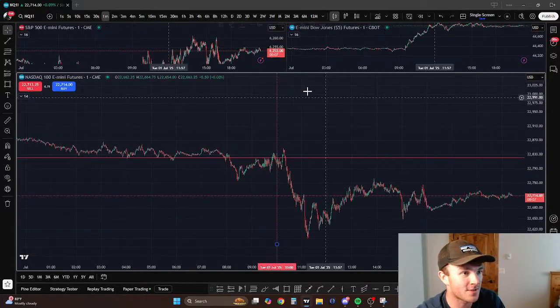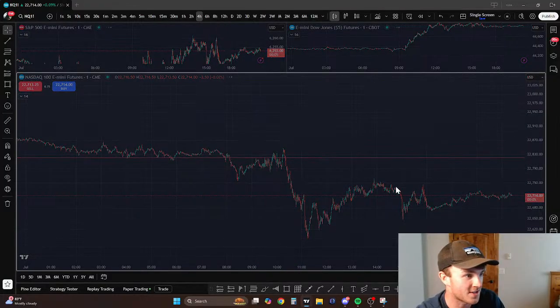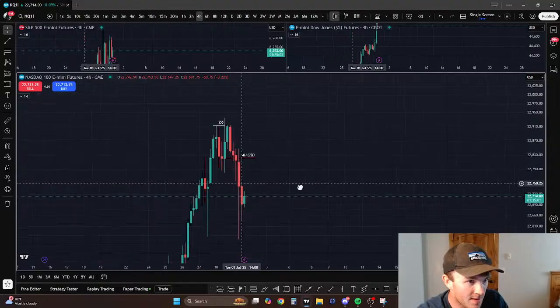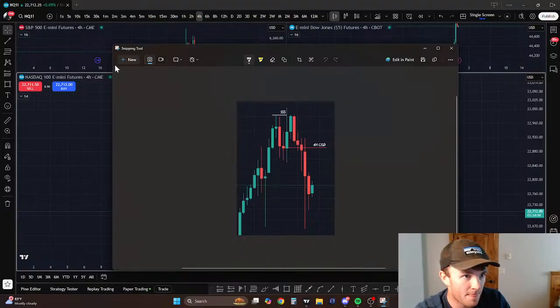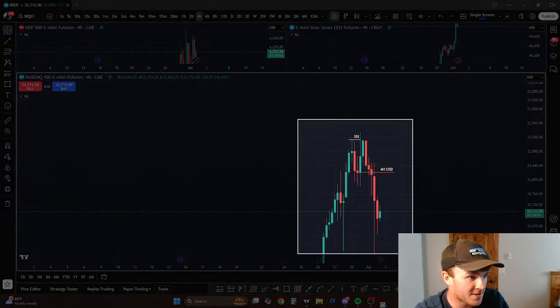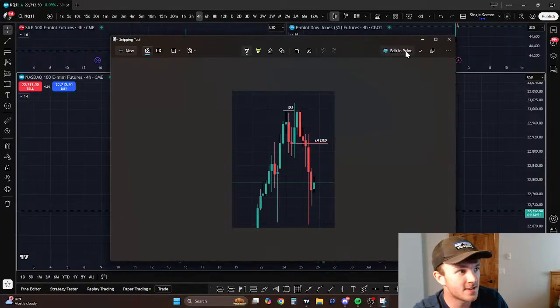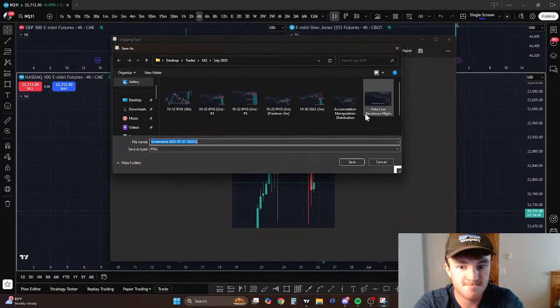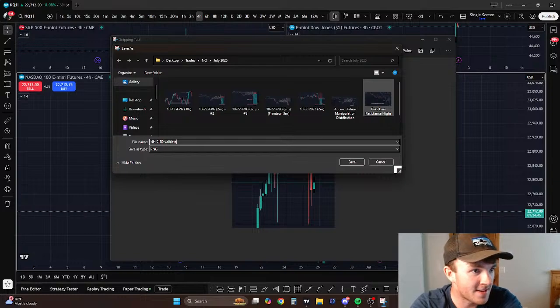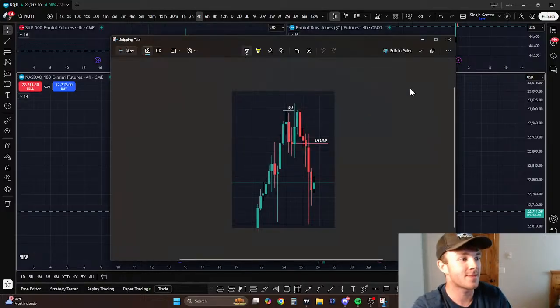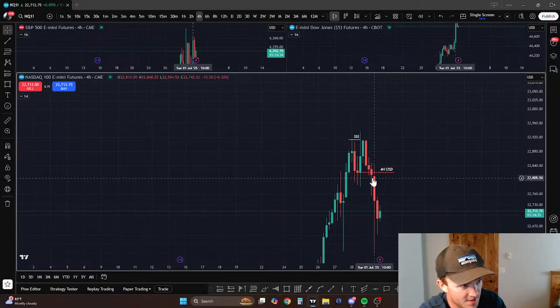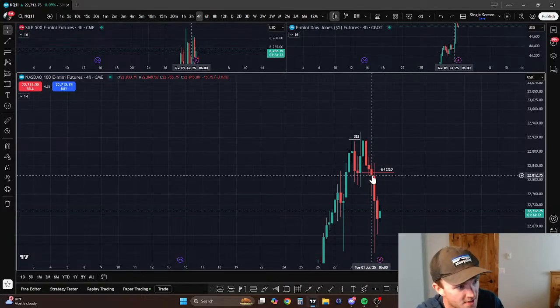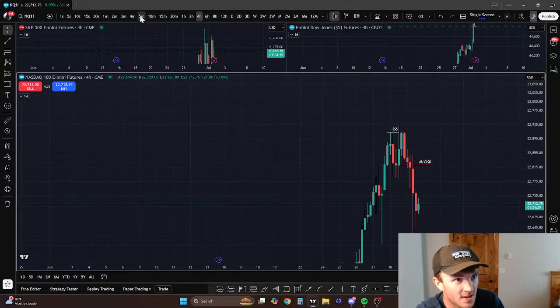Actually, let's first mark out this 4-hour change state delivery on the higher time frame. Let's take a screenshot of this. Four-hour CISD validated, going into 10 a.m. So right when this 10 a.m. candle closes, it's very important to go check how that 10 a.m. candle closes, because here you can see the 10 a.m. candle closes with this change state delivery.